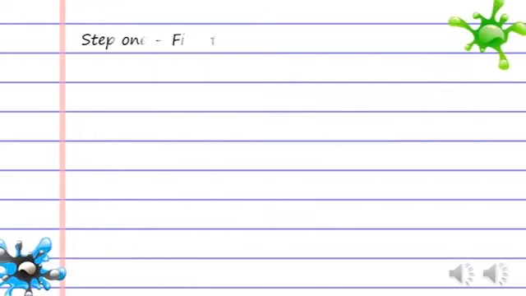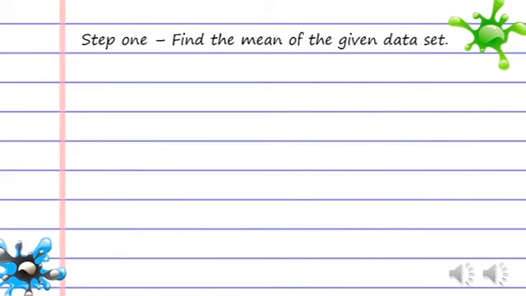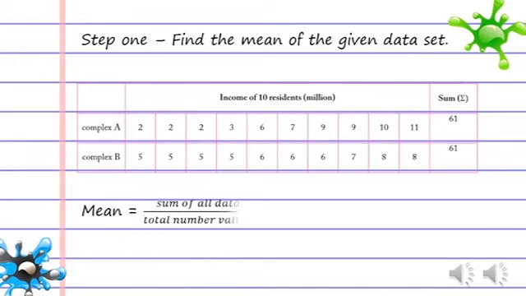Step 1 will always be to find the mean of the given dataset. To find the mean of any dataset, you have to add up all of your elements together and divide by the total number of values. The sum of the 10 elements of complex A and complex B is the same, that is 61. And we divide that by 10. To figure out what the mean value is, we would say the mean of the income of the two complexes was 6.1.